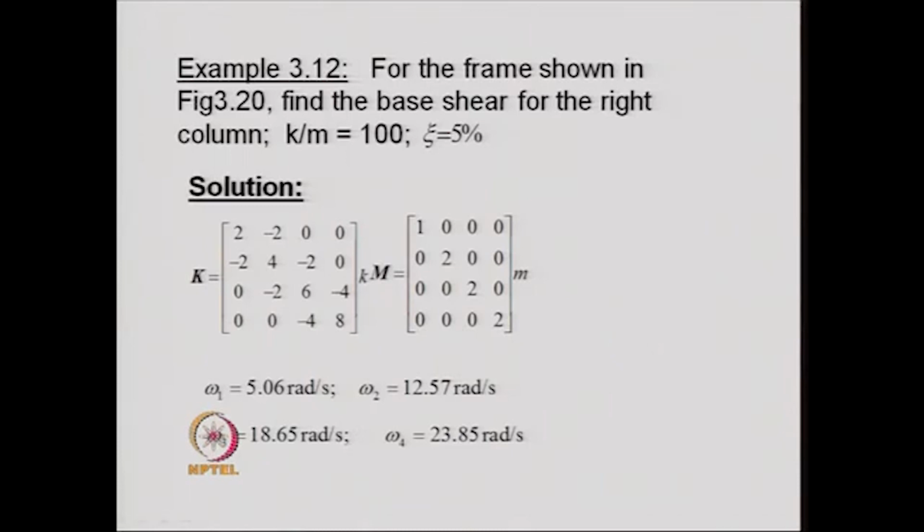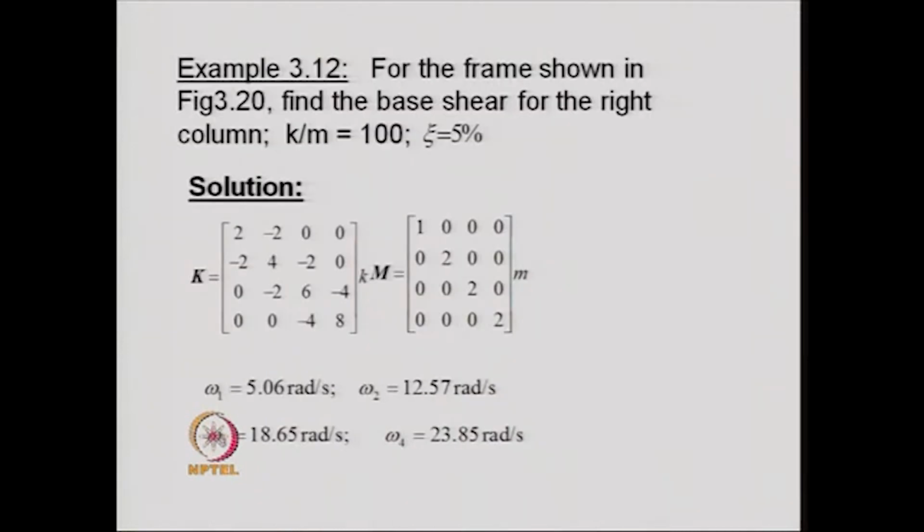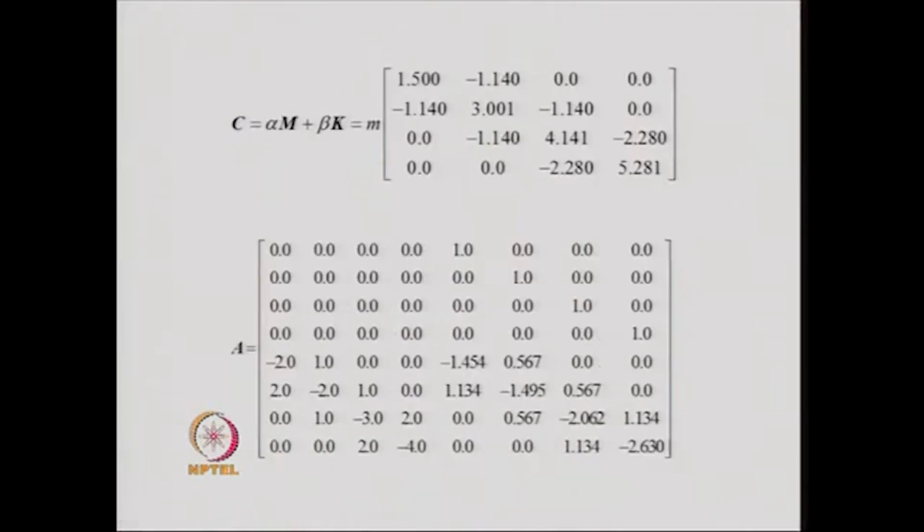So, an example is solved in which we had a problem of this type, a simple frame, subjected to the same ground acceleration at the two supports. For that, this is the K matrix, this is the M matrix, and these are the 4 frequencies of the system, and these are the 4 modes corresponding to the 4 frequencies.